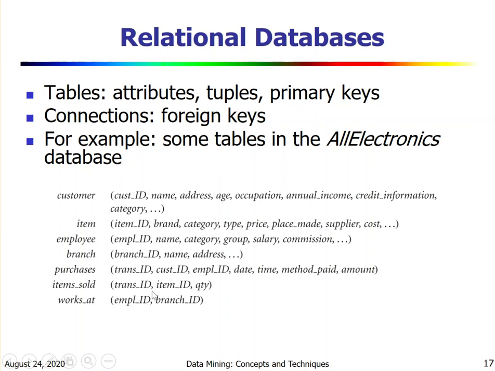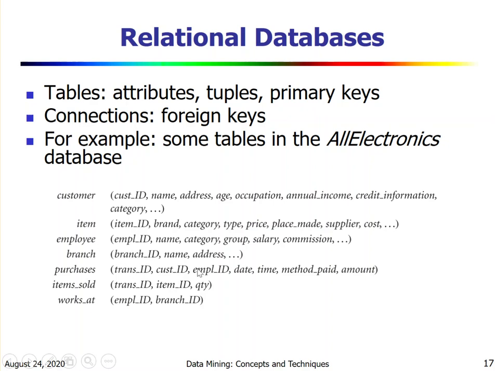Another example of foreign key: here, purchase. In this transaction, this customer purchased something through this employee. So you can see this purchase connects some other tables: the transaction table, customer table, and employee table.